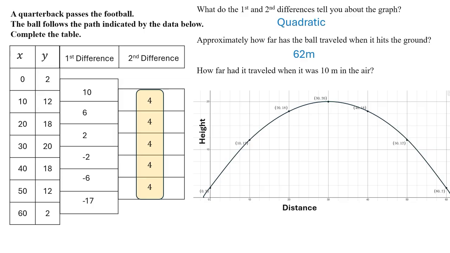Well, this is a little bit of a tricky question because it's 10 meters in the air 2 times during this throw. It's 10 meters in the air when it's first thrown and it's heading on an upward trajectory, and it's also 10 meters in the air when it's heading downward. So we'll have 2 answers for this, 7.8 meters and 52 meters.